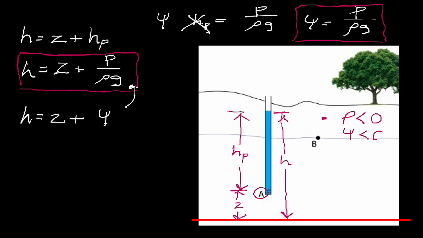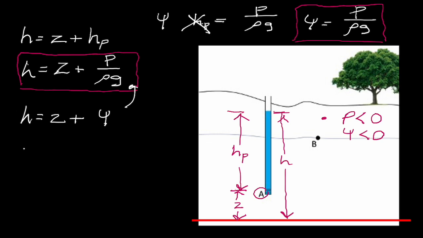The second big difference between the unsaturated and saturated zones is, unlike in the saturated zone where the pressure head was a physically visible thing, the height of the water in the column of water in the piezometer, you can't see it in the unsaturated zone. There's nothing to see and equate with the pressure head. It must be calculated from a measurement of the pressure. But it's got exactly the same interpretation.